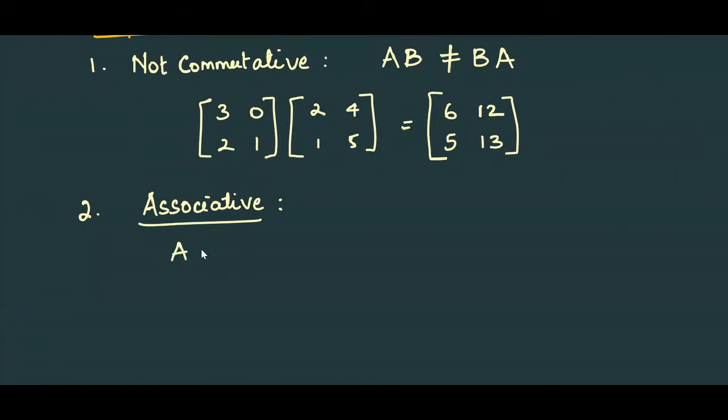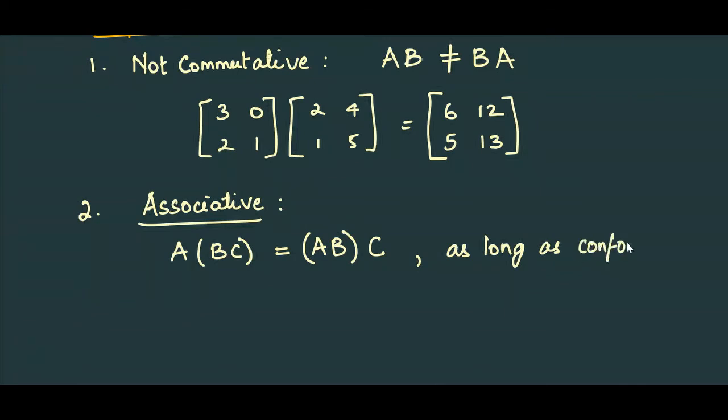That is, A times BC will be equal to AB times C. This is valid as long as conformability for multiplication exists.